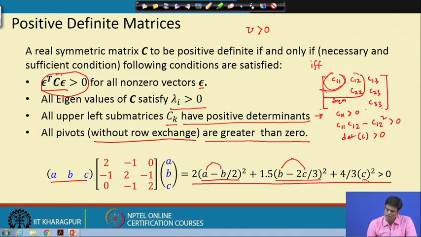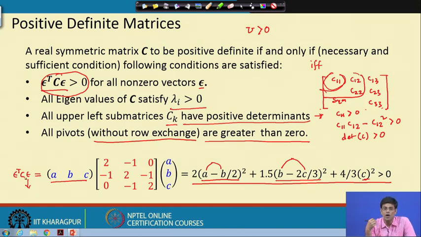Similarly, c is a square, so this is greater than 0. So, whatever the vector a, b, c, say this vector is epsilon, epsilon transpose C epsilon is greater than 0. Mathematically, that means for any vector here, this quantity will be greater than 0.